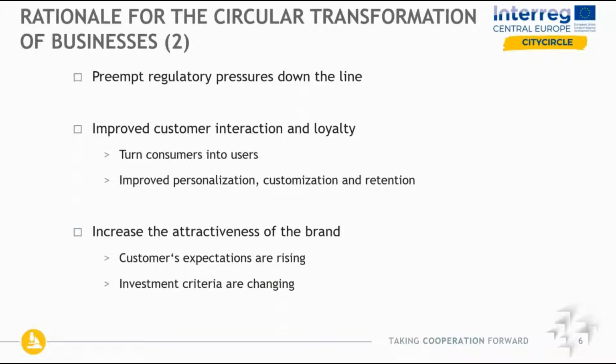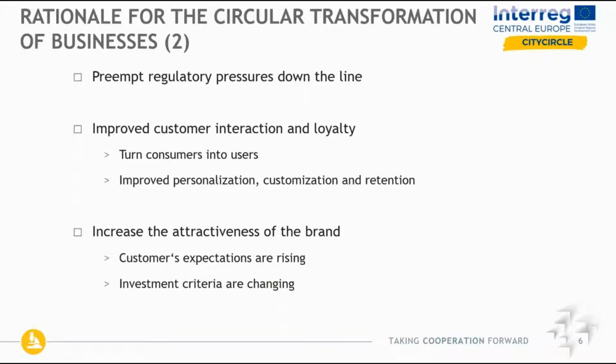It can also improve the personal relationship with each of your customers and enable you to answer needs like customization of the product or retention, because obviously if you have a reuse model or a product as a service model, then the relationship of the customer with your product is longer, because it will not be thrown away and they will not buy maybe another one from another provider.